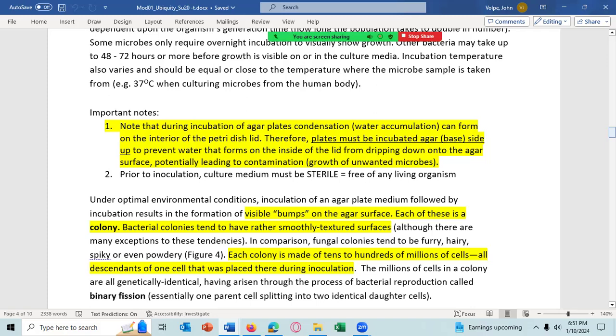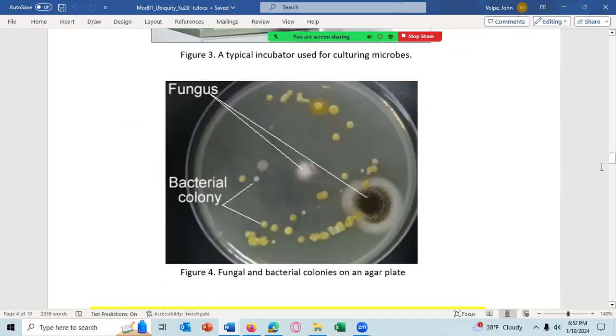Let me show you the difference. This is a fungal colony, kind of hairy looking, and that one is furry or hairy looking, also a fungal colony. These right here are bacteria colonies, and you notice how they have smooth and non-hairy edges.